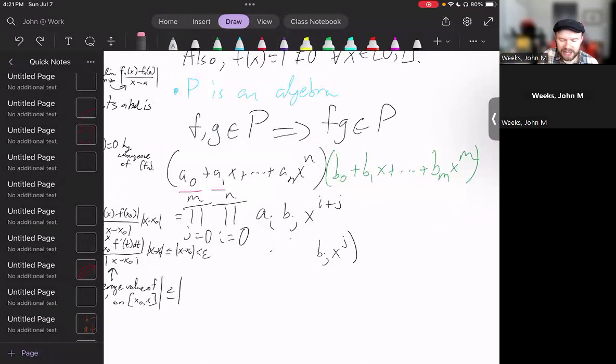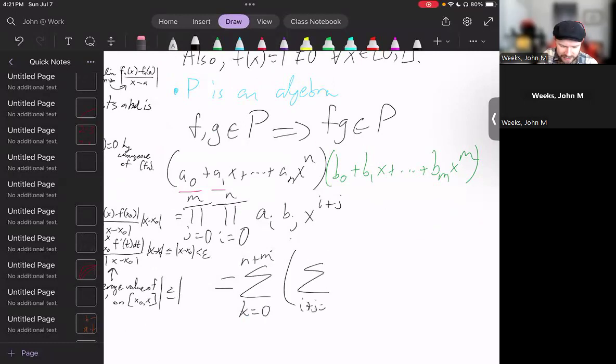Now, this doesn't quite look like a polynomial yet, but I'm going to write something here and see if you can get behind what I'm about to write. This is going to be equal to the sum, as k goes from 0 to n plus m, of the sum, as i plus j is equal to k, of a sub i, b sub j times x to the k.